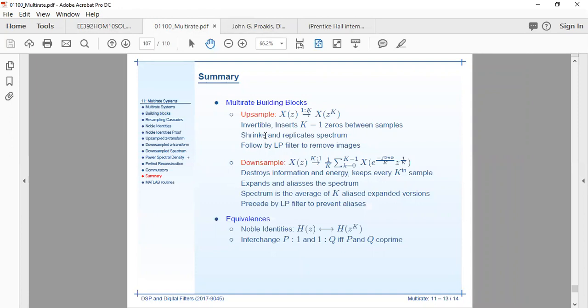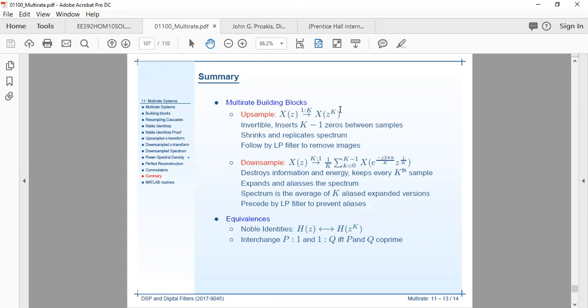If you have a signal x of z passed through an upsampling block, x of z is transformed into x of z to the power of capital K. The capital K indicates our upsampling integer value, which in this case is equal to 2 based on our question. So the output of our upsampling block will be x of z to the power of 2.